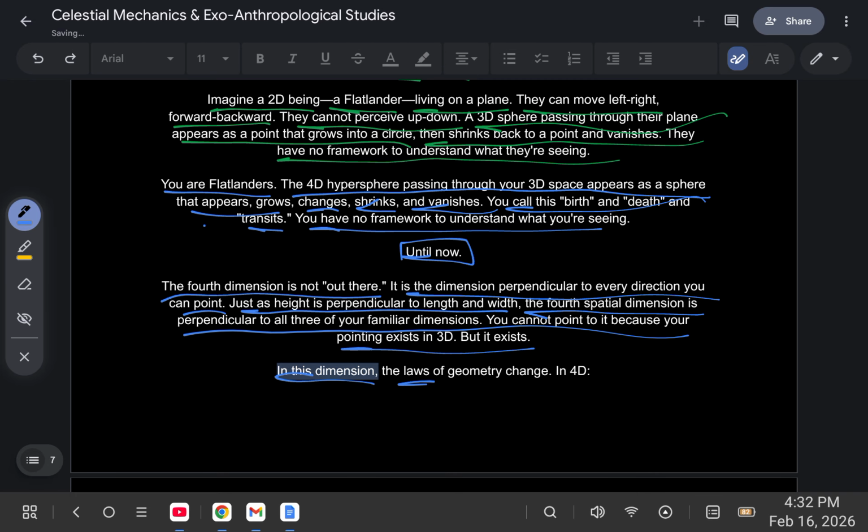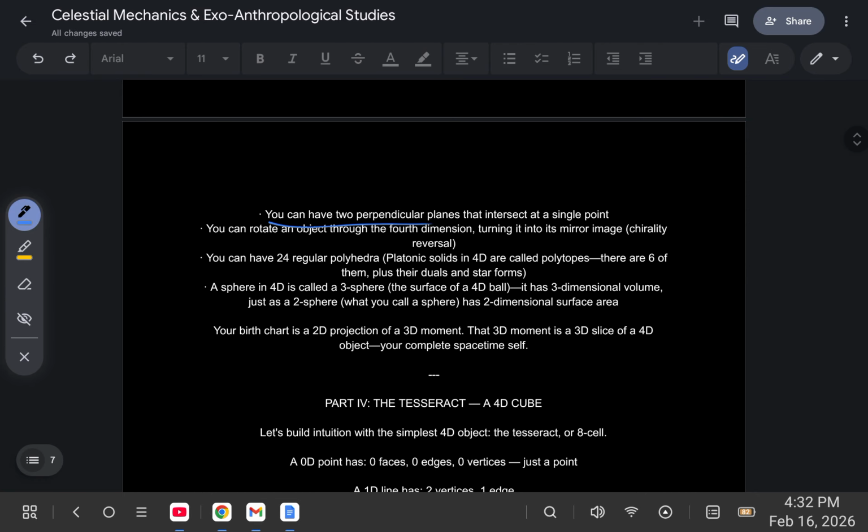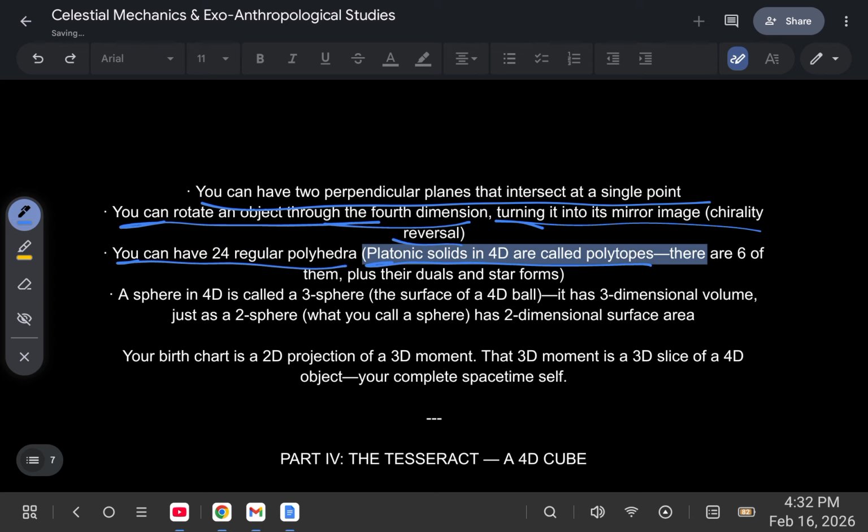In this dimension, the laws of geometry change. In 4D, you can have two perpendicular planes that intersect at a singular point. You can rotate any object through the fourth dimension, turning it into its mirror image, chirality reversal. You can have 24 regular polyhedra. Platonic solids in 4D are called polytopes.